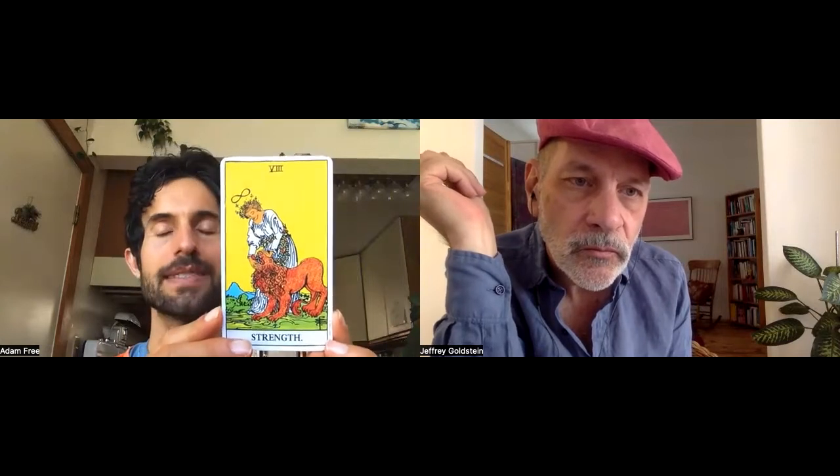Okay, is there anything else that you want to add or tell us about, like maybe an experience that you had in a reading? Yeah, there's also a strong component of, even though this is not the temperance card, a strong component of temperance that comes with strength. Because she's taming the passions, taming the rage.